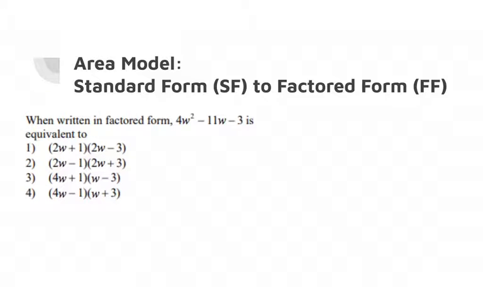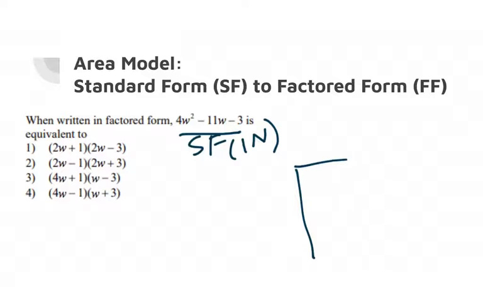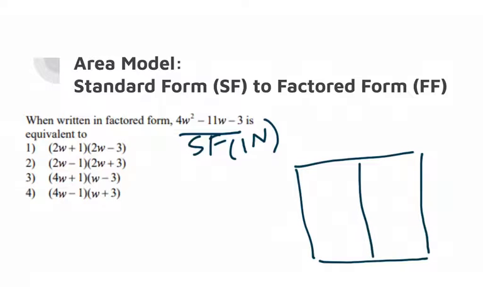All right, so here is my standard form, which goes inside of the box. Remember, the factors go outside of the box. The standard form goes inside of the box. So my first term goes in the first box.